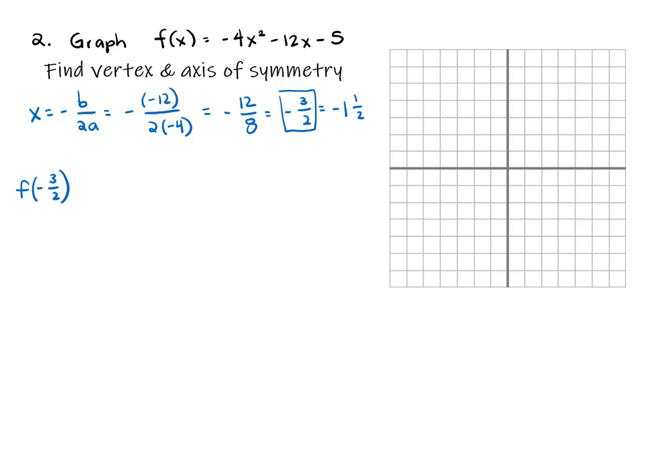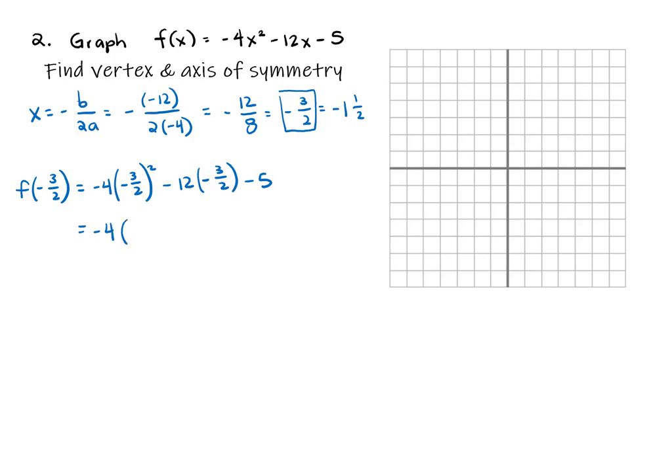Taking the x value at negative 3/2, we're going to plug that into our function. I get negative 4 times negative 3/2 squared, minus 12 times negative 3/2, minus 5. Make sure when you simplify this you have the negative 4 coefficient.